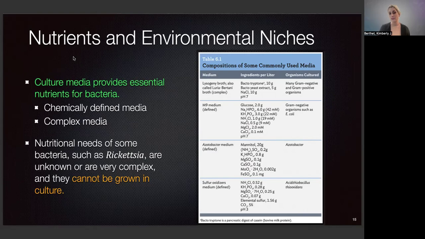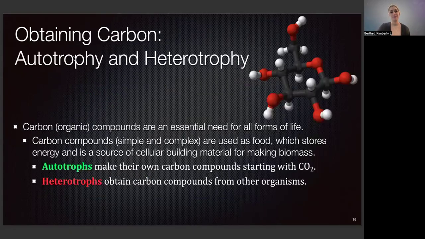Some of those factors are that they have complex symbiotic relationships with others, so we can't grow them in pure culture. Or sometimes they're dependent on other complexes that we can't provide them, so we're unable to grow them. So nutrients and environmental niches are going to be extremely important to allowing microorganisms to grow. We need to mimic their environment.